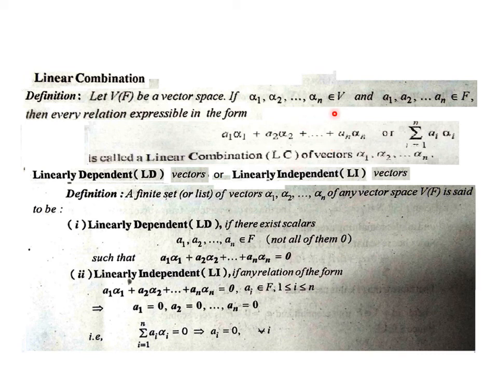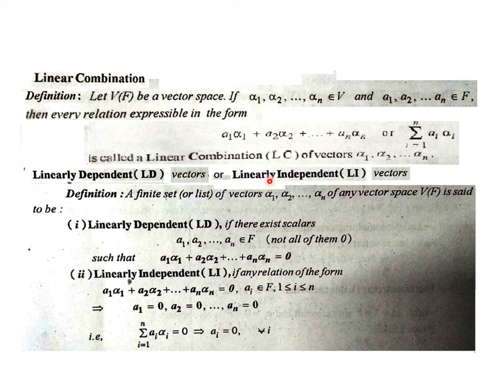And we discussed this concept of linear combination because the important definitions of linearly dependent vectors or linearly independent vectors, that means LD or LI vectors, depend upon this linear combination. How?